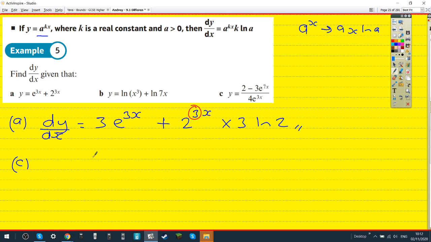So should I start off by doing 2 minus 3 to the 7x times 4 to the minus 3x? Yeah, you could do that. And then do I now need to try and differentiate that, or expand the brackets?